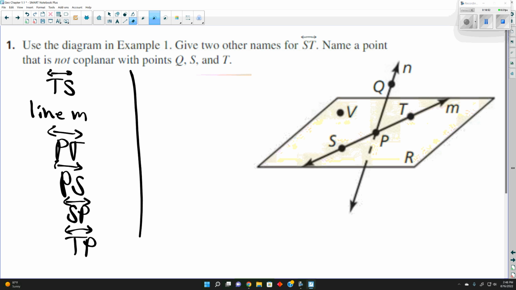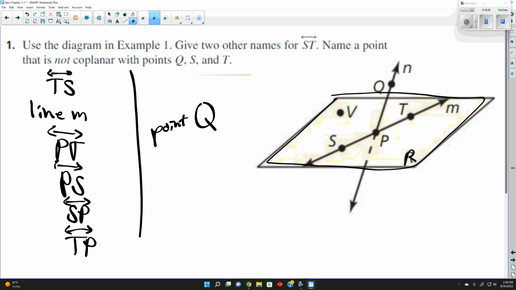Okay. So what's the 1 point that's not coplanar to Q, S and T? Almost, because R does name the plane. Q. Or we can say point Q. So anything on this here would be coplanar.